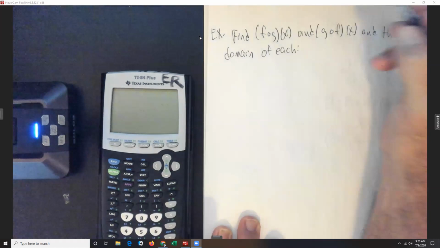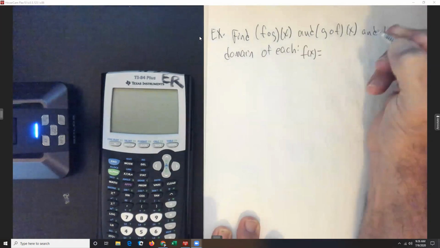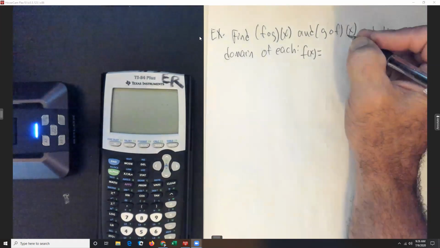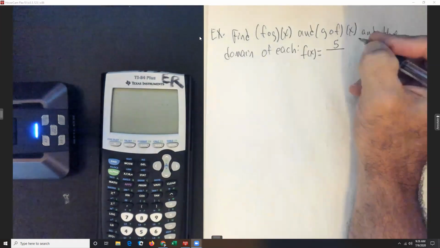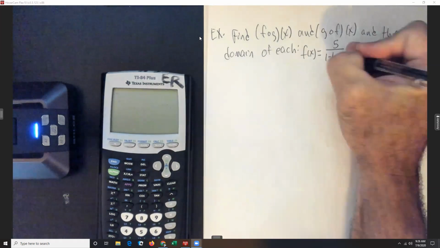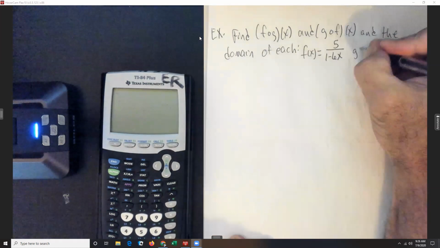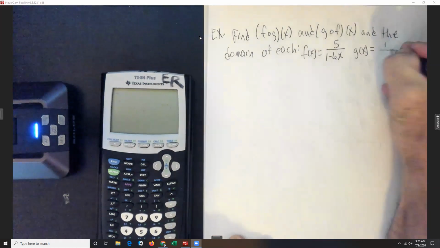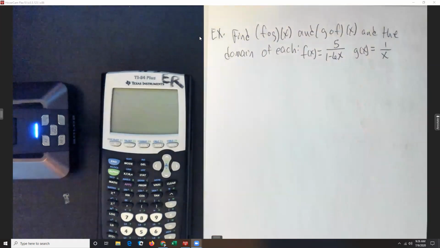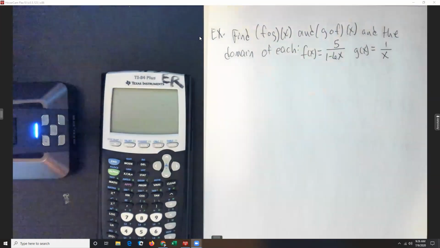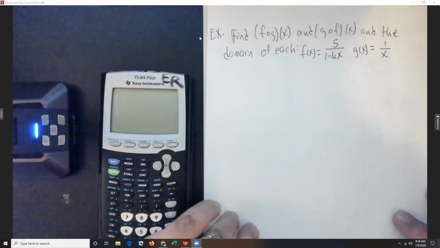F of x is now going to be 5 divided by 1 minus 6x. G of x is going to equal 1 over x. So let me say this. We definitely have fractions, so we're definitely going to be worried about these domains on this one, okay?